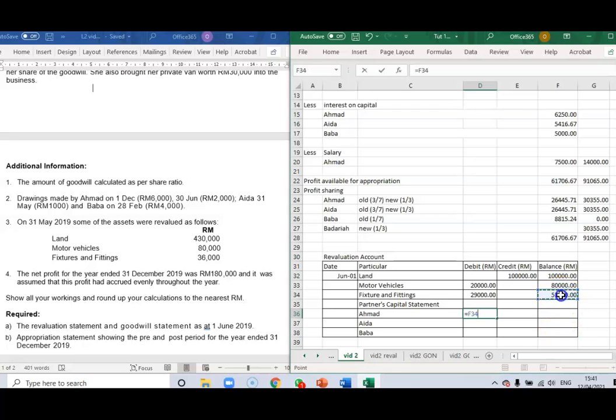So the surplus multiply with 3/7, and the same goes with Aida. The surplus multiply with 3/7. However, Baba is only 1/7.